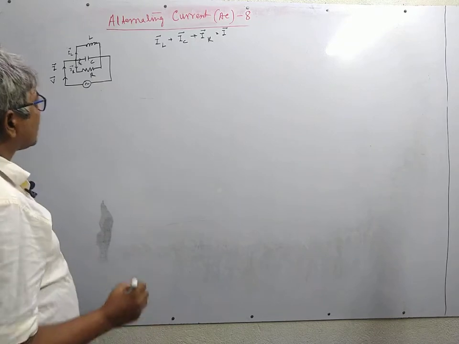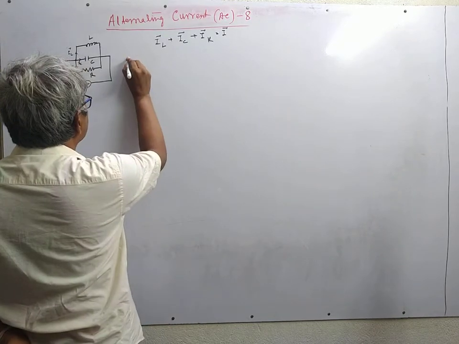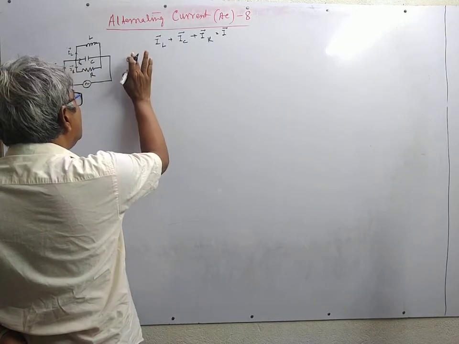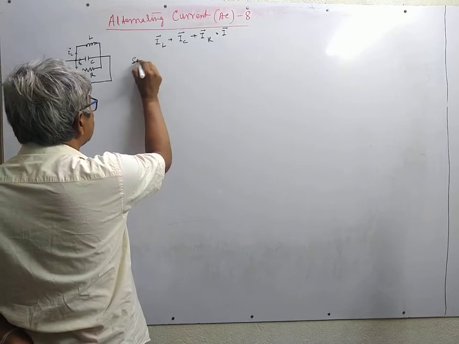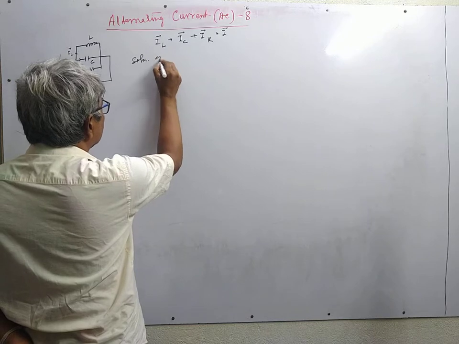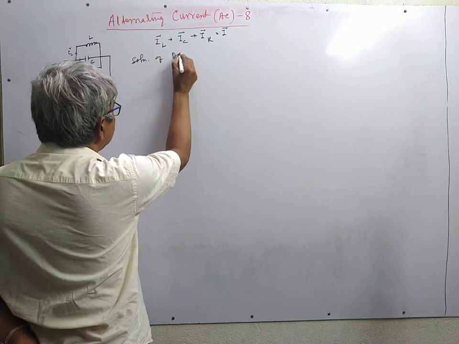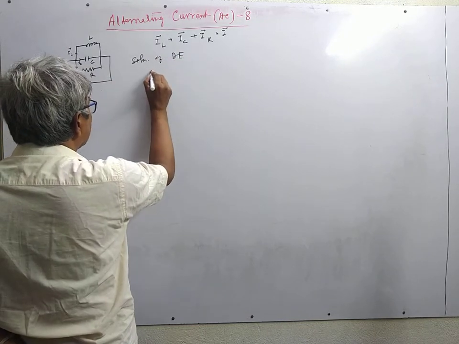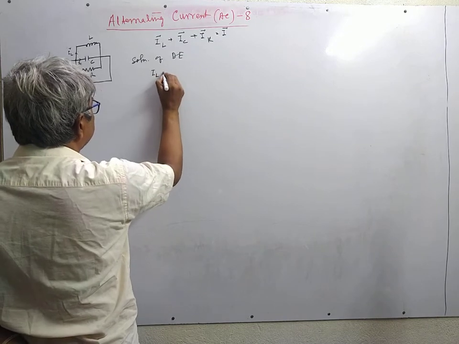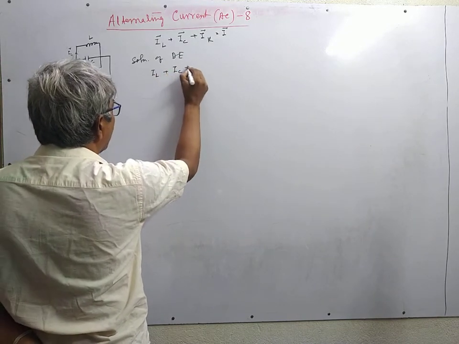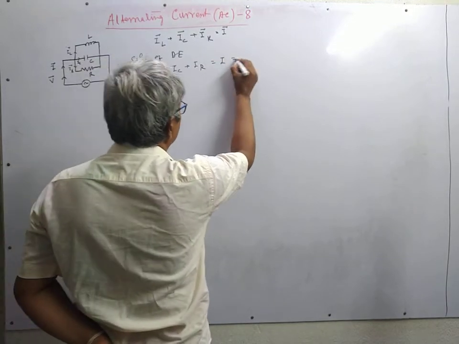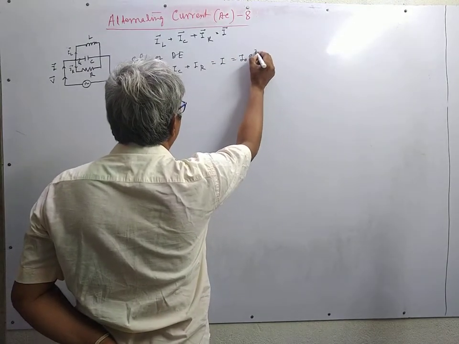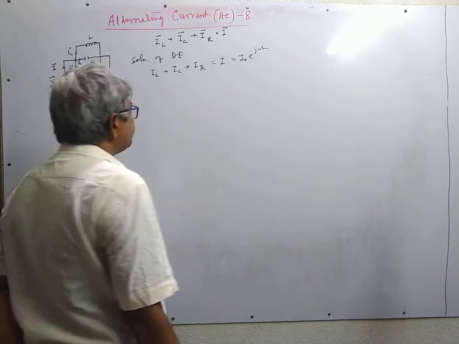If we use the current equation, we first write I_L plus I_C plus I_R is equal to I, which is I0 e to the power j omega t.